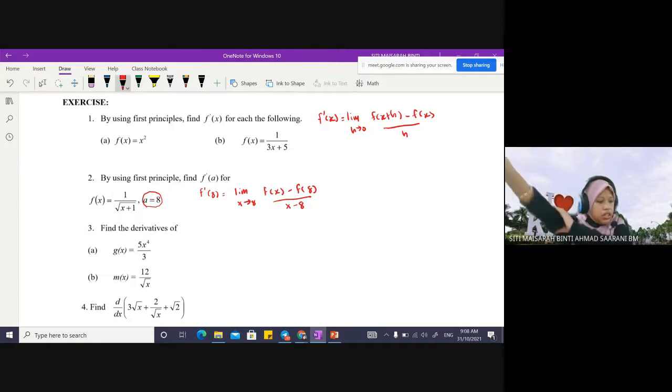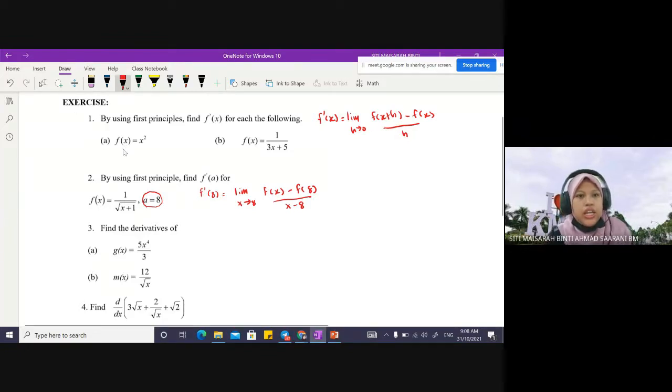Okay, yang A ni Media tak nak highlight yang 1A ni, ni sama saja. Just Media nak highlight yang B yang B. Okay, nanti awak cuba 1A ni. Nanti Media bagi jawapan ya.